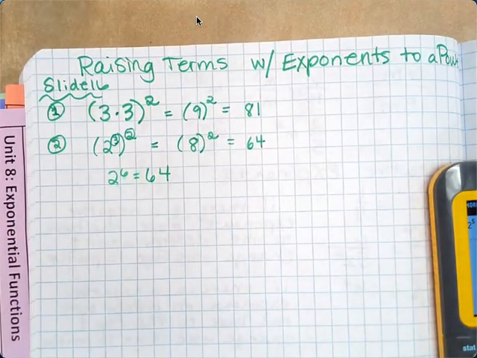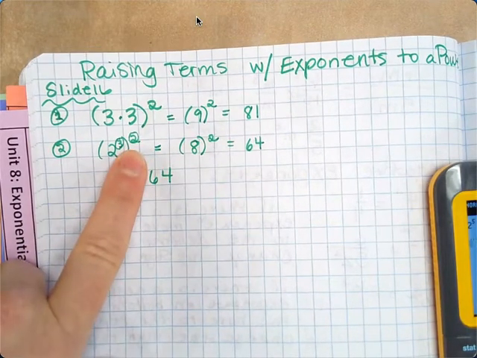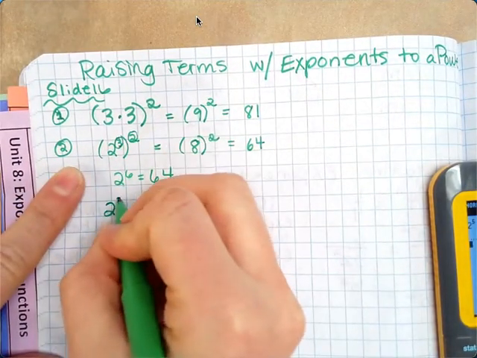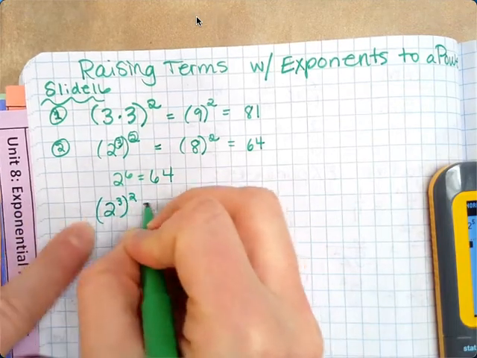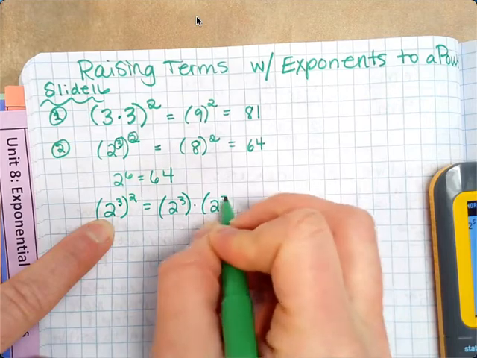Yeah, it's confusing, right? Because 2 to the third is 2 times 2 times 2, it's 3 times. But whatever's inside squared means that times itself. So I could rewrite this 2 to the third squared as 2 to the third times 2 to the third.